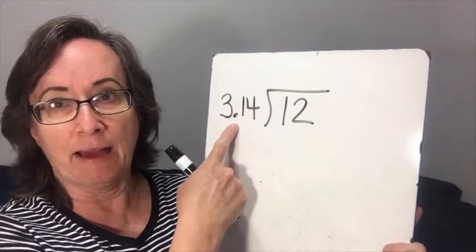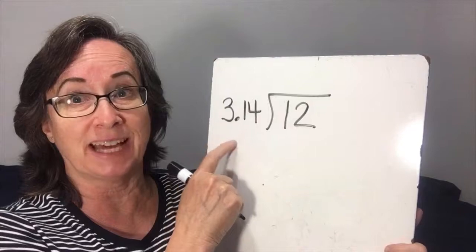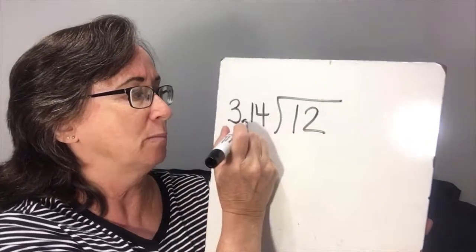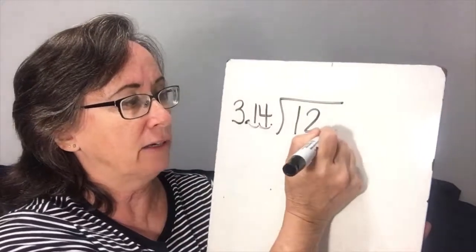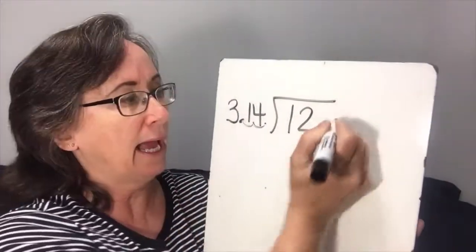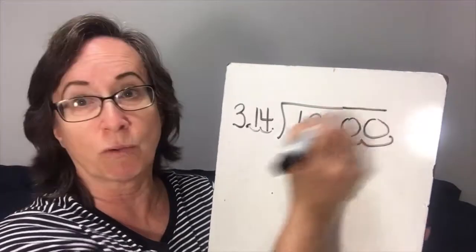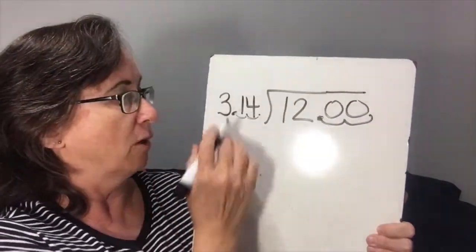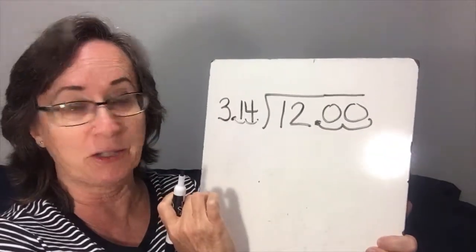So here we have, what do we do when we have a decimal in our divisor? Don't we have to move that decimal 2 places to the right? And our understood decimal here has to also be moved 2 places to the right. Okay, so 314 into 1200 is our new problem.